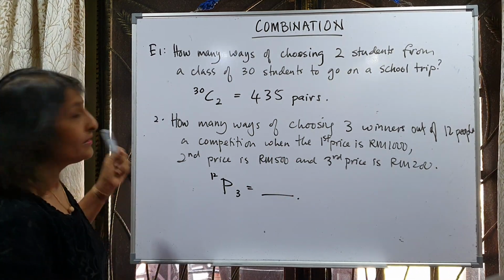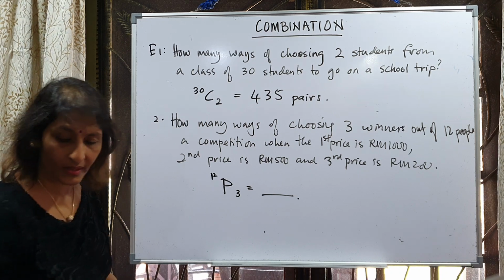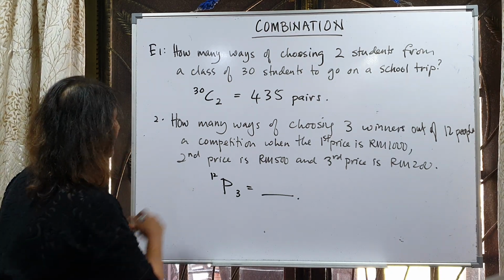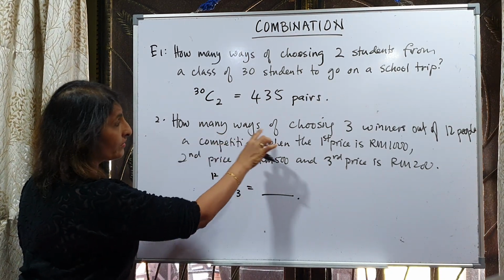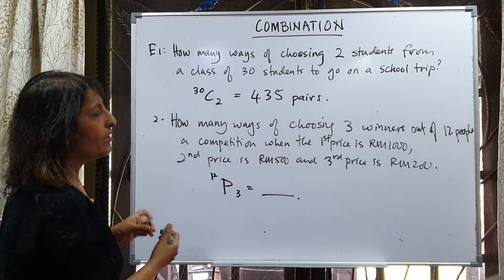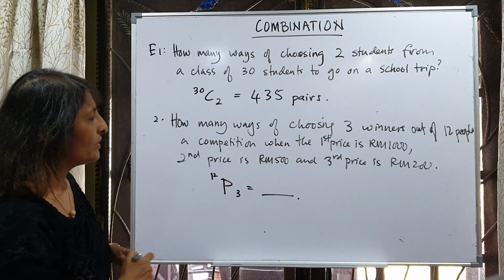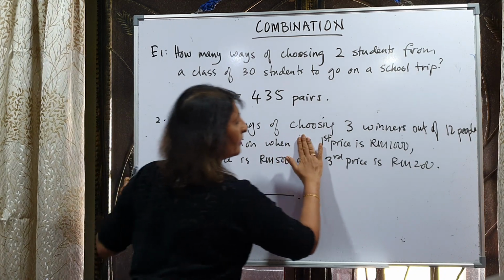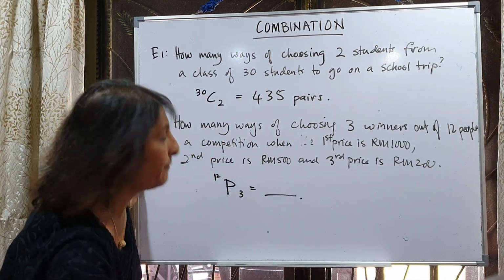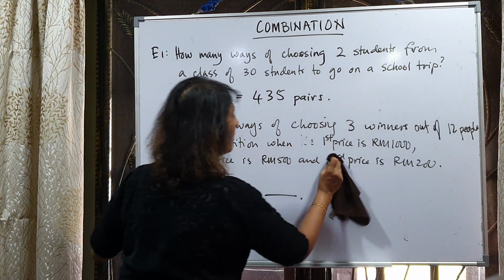Okay, now let's say I have another question, example 3. Same thing, how many ways of choosing 3 winners out of 12 people in a competition when the prizes are all the same? Okay, now we drop this off.